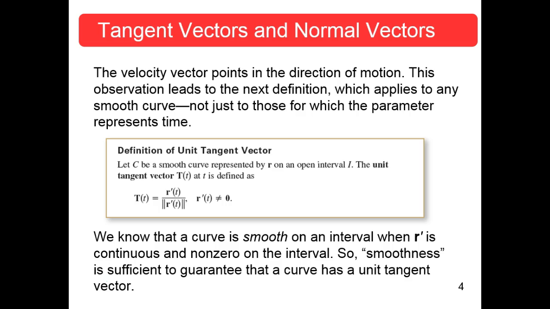Represented by R, that's your displacement vector. Okay, now that's in sort of physics terms, but whatever your independent variable is, the R is the vector that represents from the origin to some point on that curve C, on an open interval I, where I would be the parameters of your independent variable.